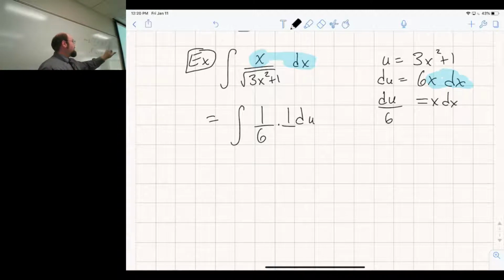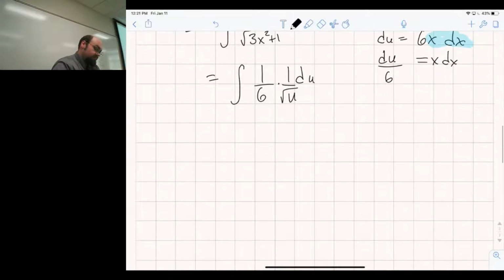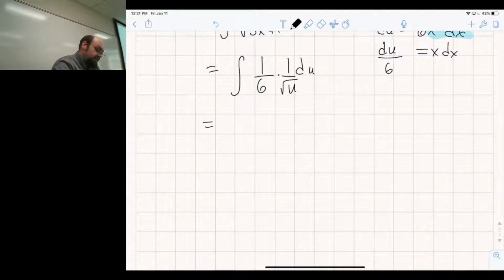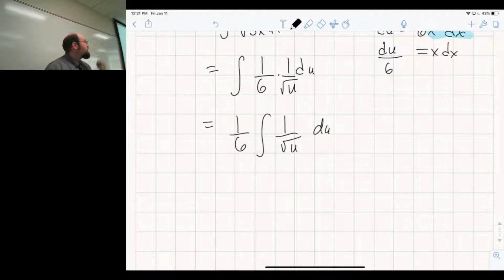And then I'm replacing 3x squared plus 1 with u, so that's the square root of u. I'm going to pretty this up a little. I'm going to bring that 1/6 out to the front so that I'm only looking at the square root of u du, or 1 over the square root of u du.